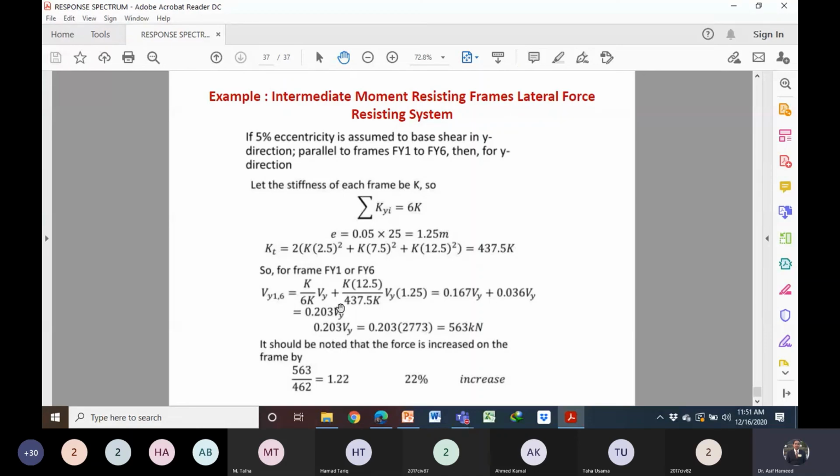And when you multiply by the total base shear in this direction, the base shear in frame 1 and 6 is equal to 563 kilonewton. Previously, it was 462 kilonewton. So base shear is increased. When the earthquake is at some eccentricity, the base shear value changes. It will be 22% more than when the earthquake is not at some eccentricity.